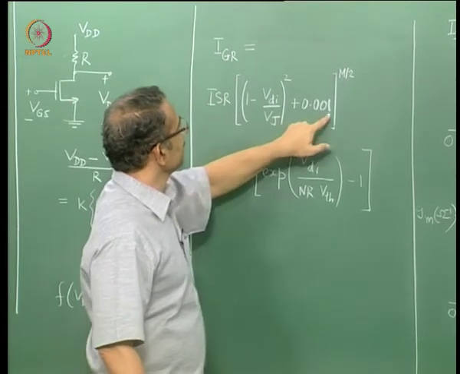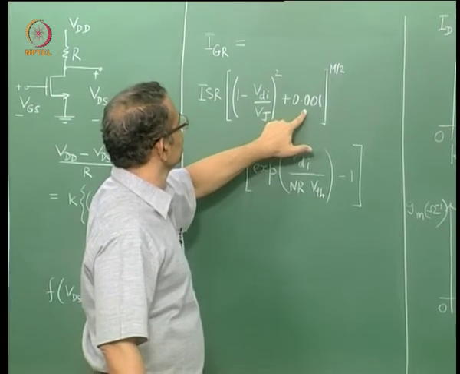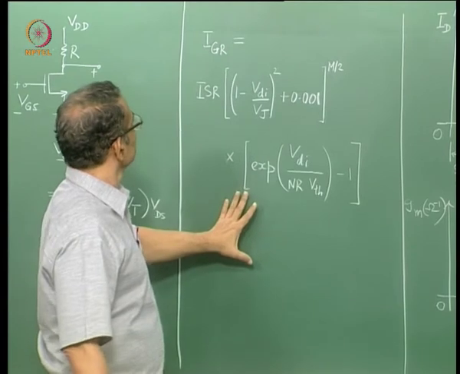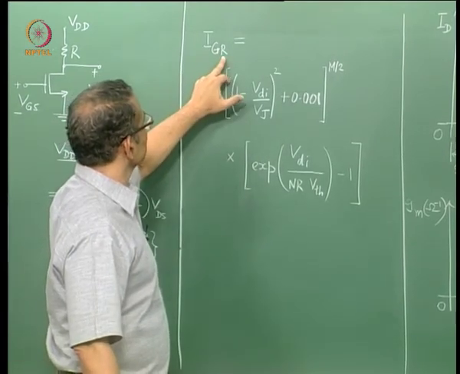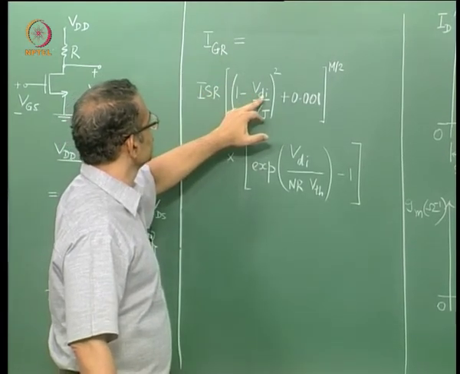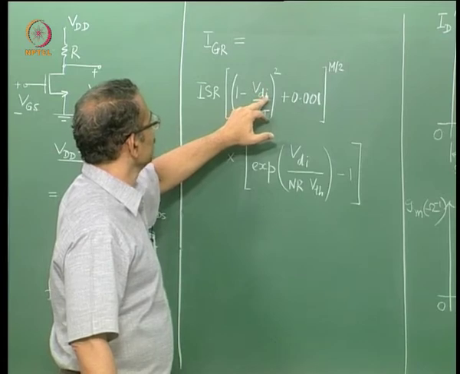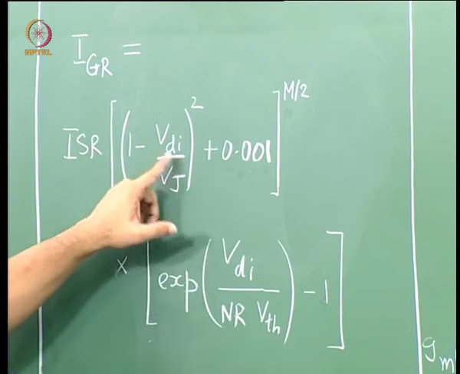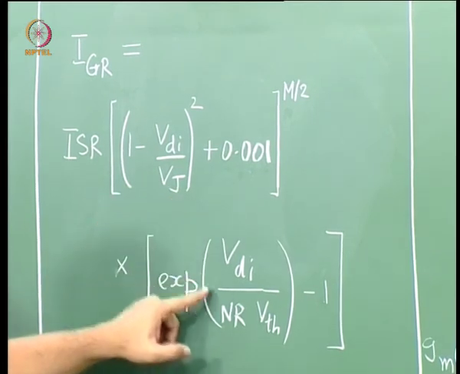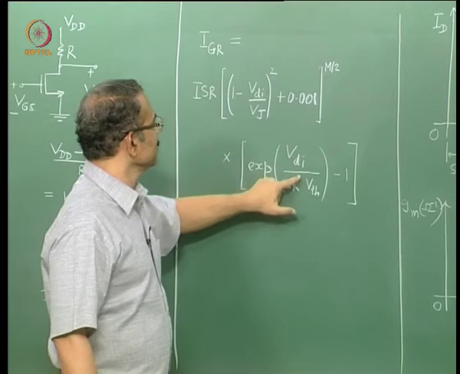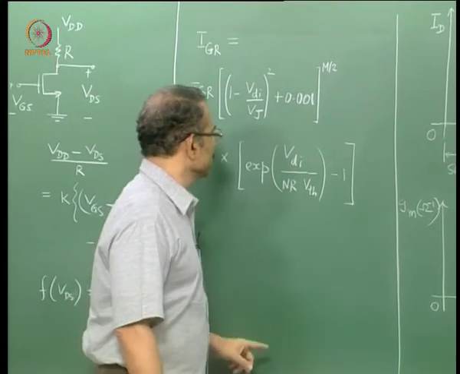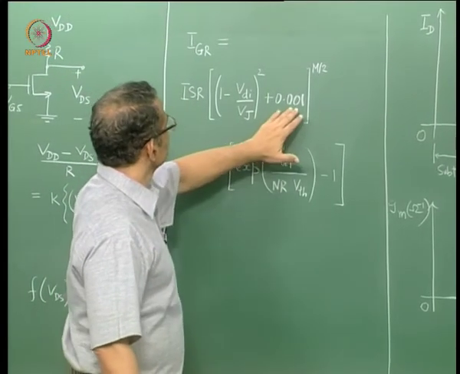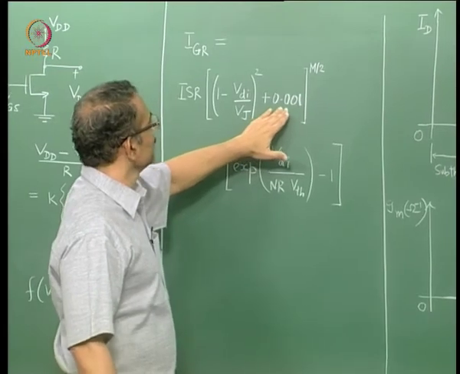So you find a factor 0.001 here in this expression, where generation recombination current is expressed in terms of the voltage across the diode. VDI is the voltage across the depletion layer of the diode. Vj is the contact potential. This is an ideality factor. This is thermal voltage. Now this factor has been introduced to improve convergence properties.